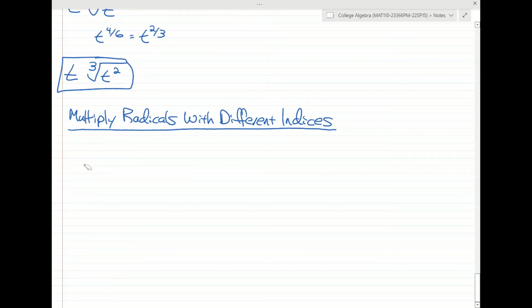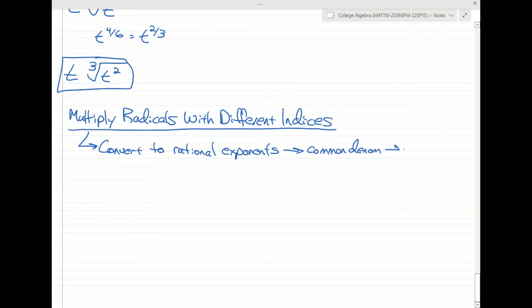One, what we typically do is we convert to rational exponents, and we get a common denominator. And we add.